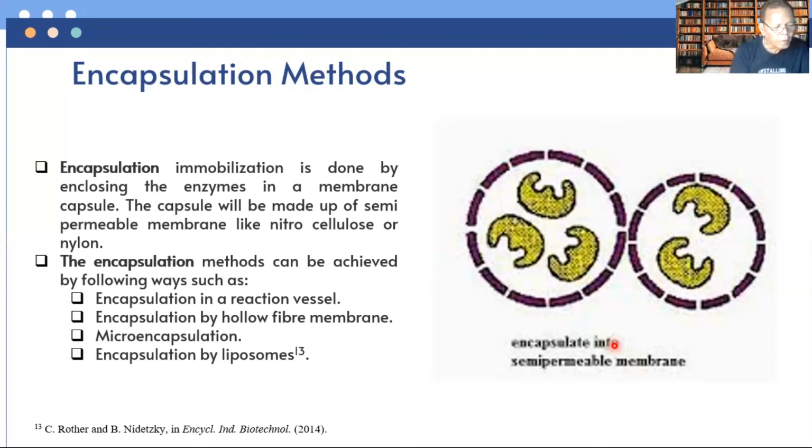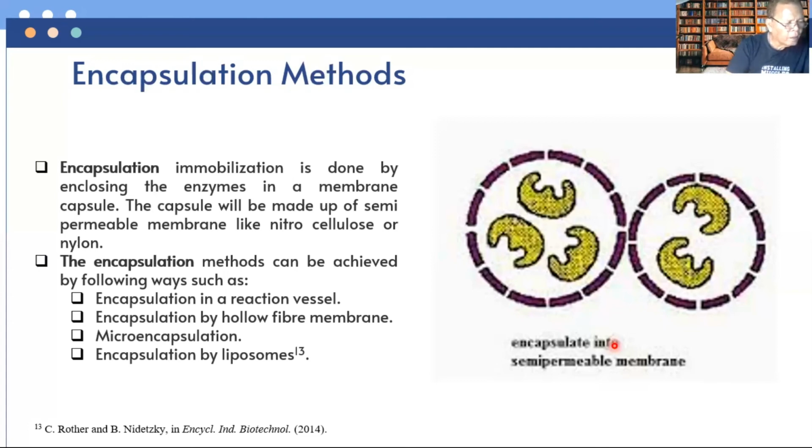Encapsulation by hollow fiber membrane. It involves entrapment of an enzyme inside a semi-permeable matrix, such as cellulose diacetate, etc. Here, the enzyme is trapped inside the space of the matrix.